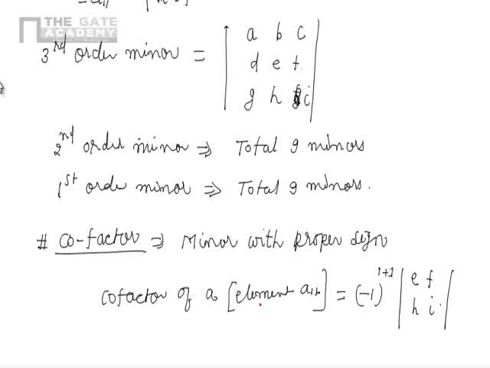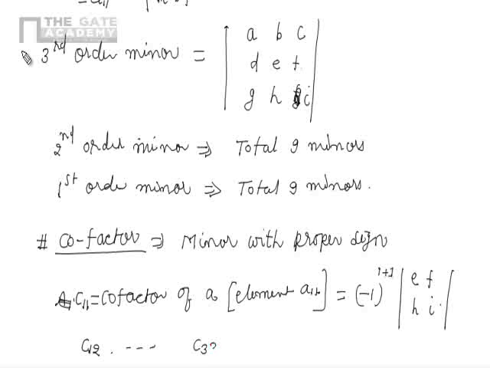So one by one we can calculate the cofactors of each element and can form a cofactor matrix. So this can be written as C11, cofactor corresponding to first row and first column element. Similarly I can calculate C12, cofactor of first row second column, so that is B, and so on.